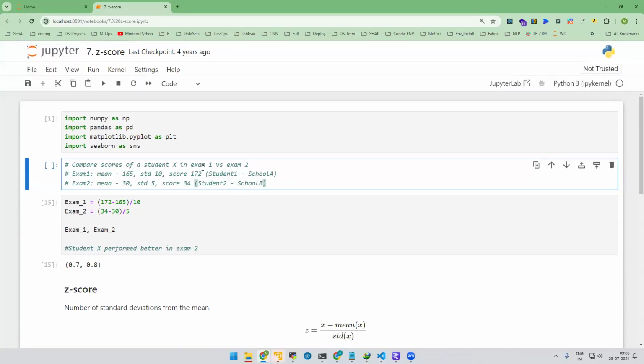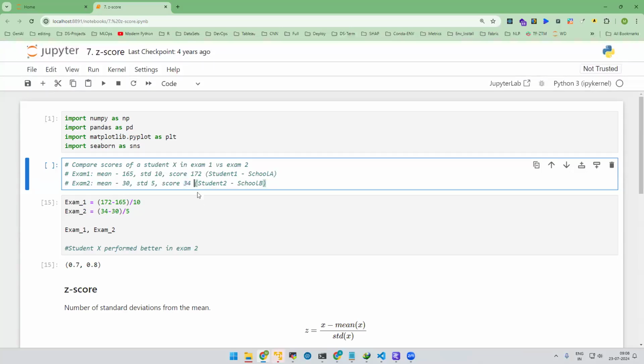But this 172 is not really on the same scale. These are the marks. Let's take that this one is out of 200 or maybe 300, and this one is only out of 40 or 50.